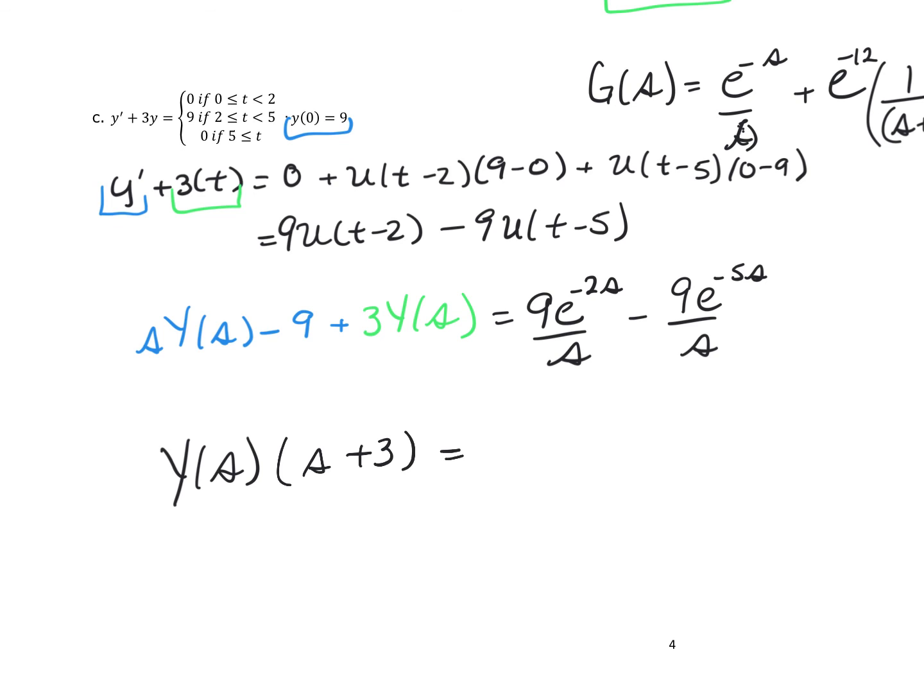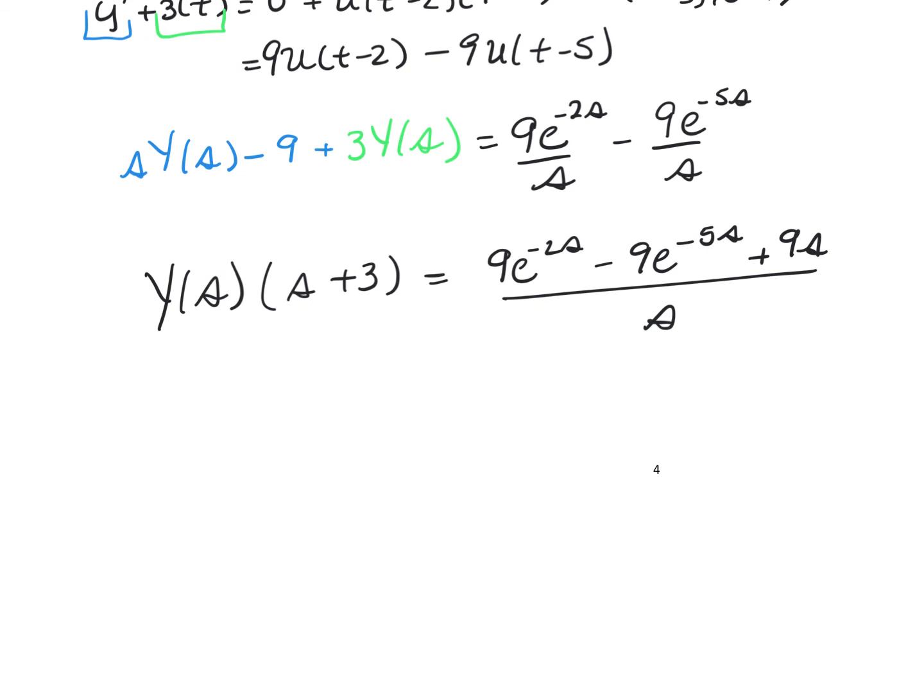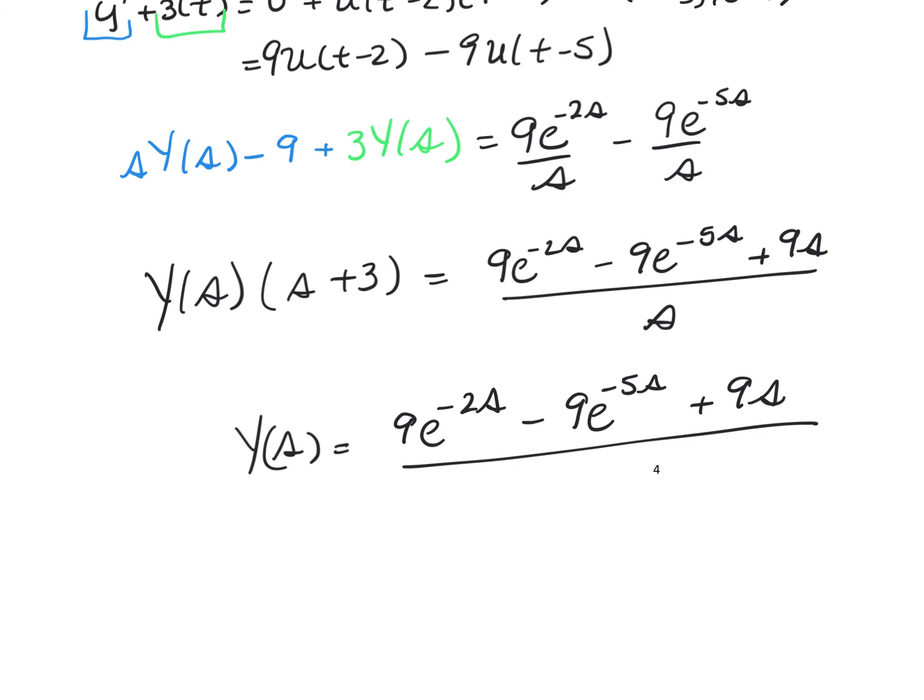On the other side, I would have moved 9 to the other side, and so I would have had 9e raised to the negative 2s minus 9e raised to the negative 5s plus 9s, all divided by s. And then I would divide everything by s plus 3, and so I have cap Y of s is equal to 9e raised to the negative 2s minus 9e raised to the negative 5s plus 9s, all divided by s times (s plus 3).